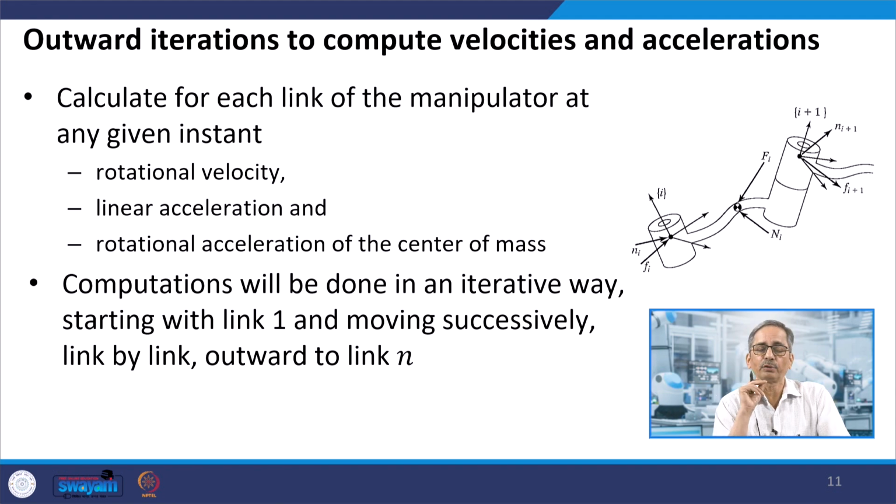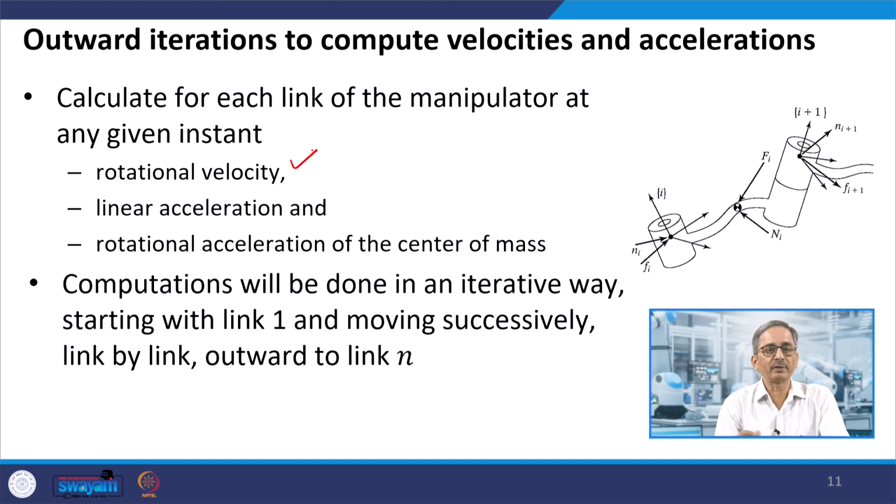Okay. So, to begin with, we first perform the outward iteration to compute the velocities and accelerations. So, in this one, what we do is that we calculate the rotational velocity, we calculate the linear acceleration and we calculate the rotational acceleration about the center of mass. Okay. So, this is what we do, okay, and these computations will be done in an iterative way.